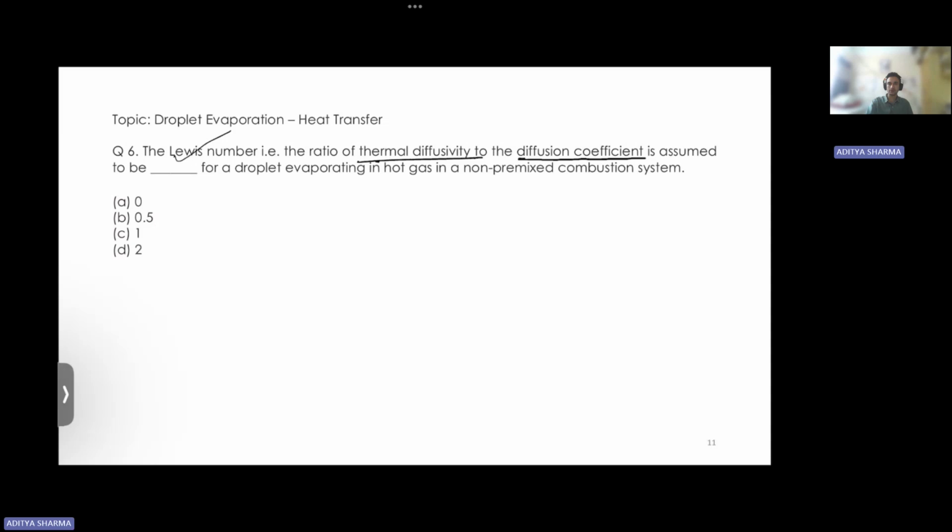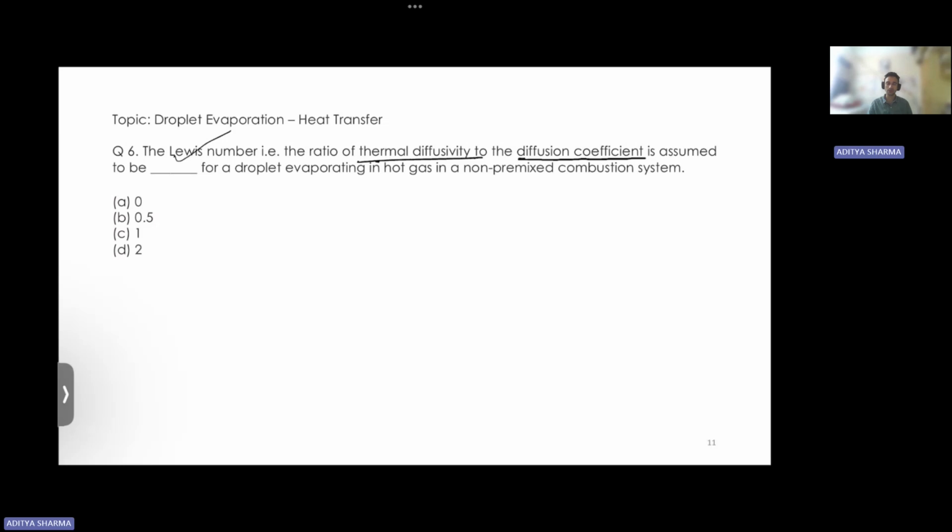So when we had discussion on droplet evaporation heat transfer in the lectures, to analyze our droplet evaporation, we make some assumptions to simplify the analysis. And the assumption for Lewis number is that this ratio is unity.